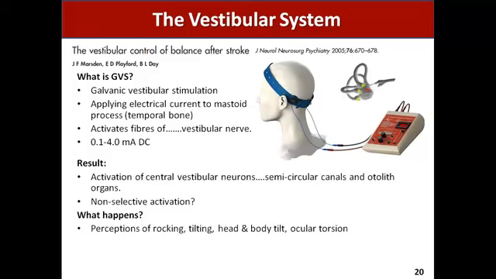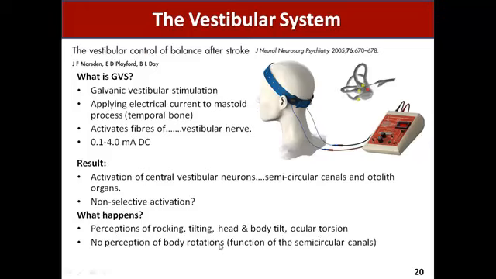So basically what happens when we apply this electric stimulation is that a person will generate a conscious perception that their body is moving, either tilting in one direction or the other, to the right or to the left. And because we're activating the vestibular neurons, it will often result in some degree of ocular movement.